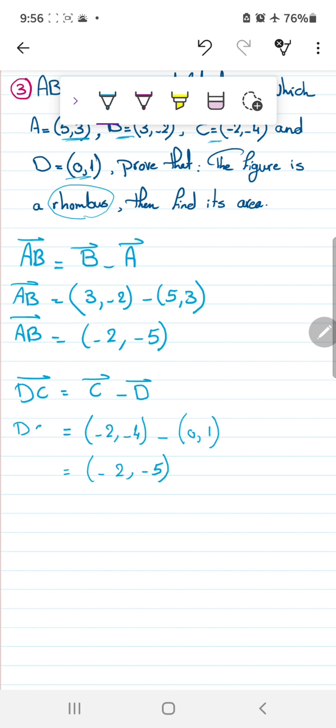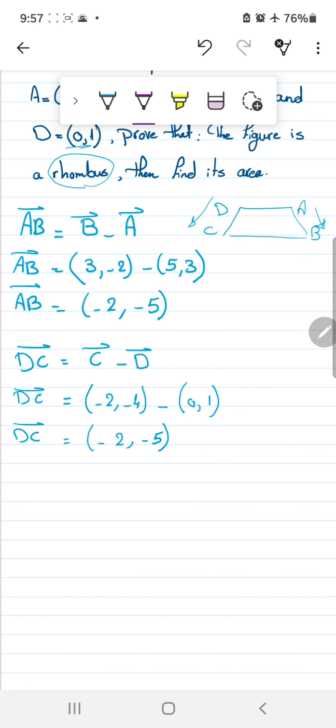So DC here is (-2, -5). Don't get CD because we want the same direction. If we write any quad like this, A, B, C, D, we get AB in this direction, so we must get DC in the same direction. If we get BA, then of course you get CD.